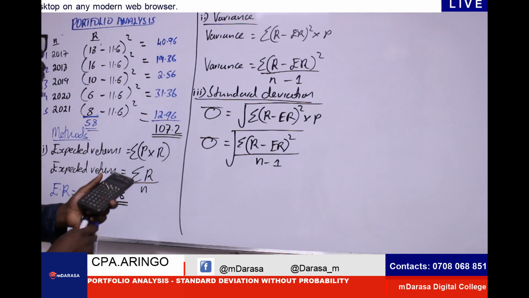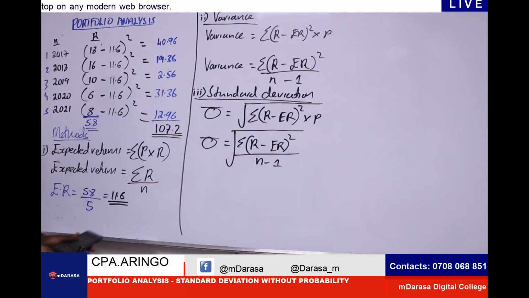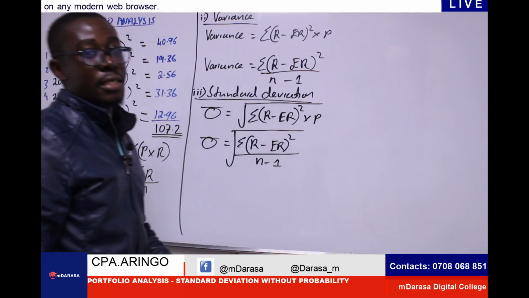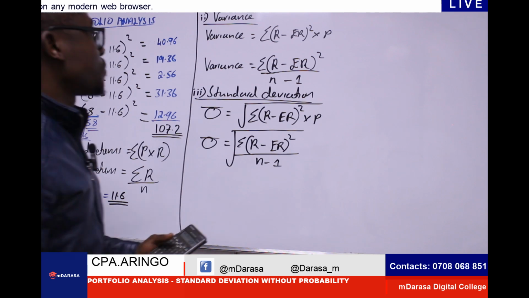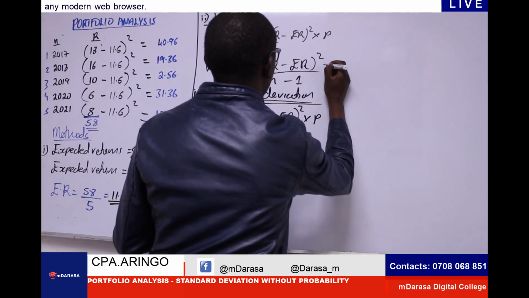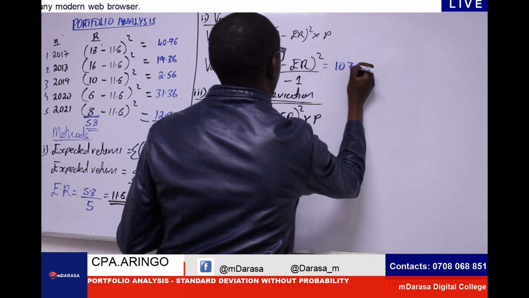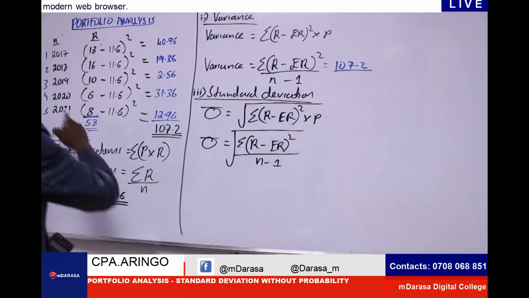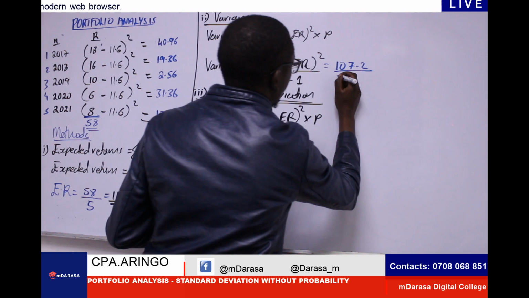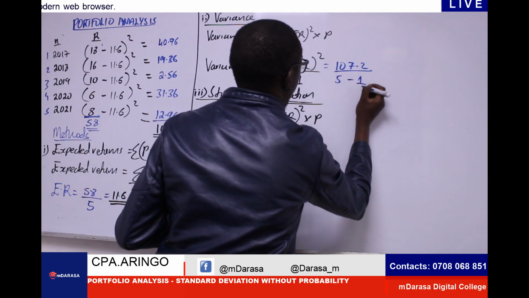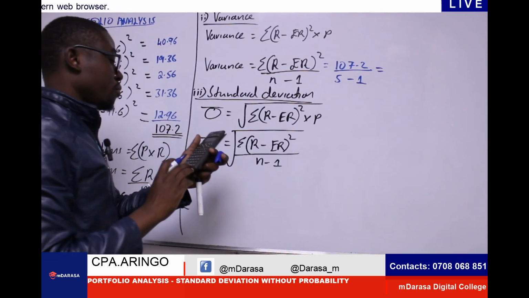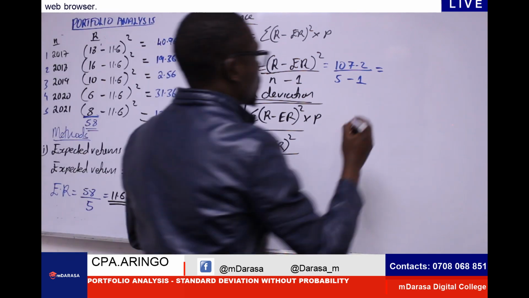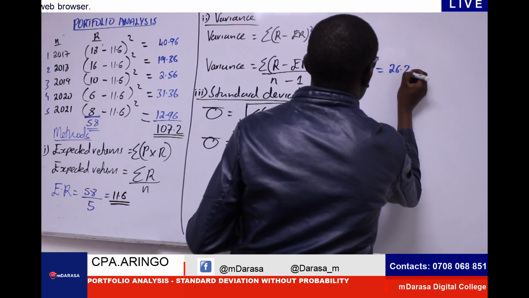So once we have our summation, remember we want to determine our variance. At this point, we have 107.2. We divide by n, number of data values, which is 5, minus 1. So our variance will be divided by 4. So I'm getting a variance of 26.8.